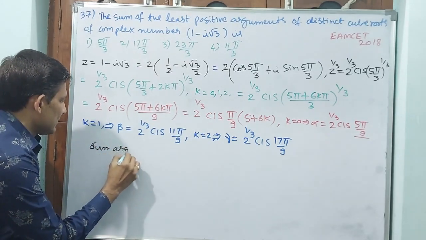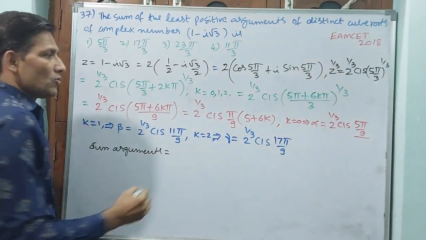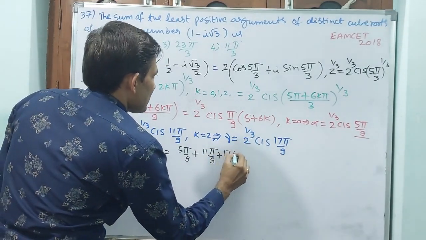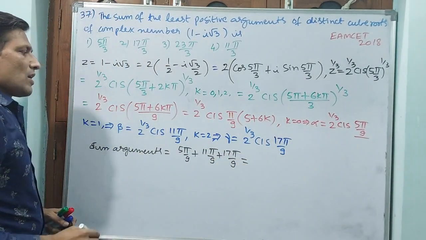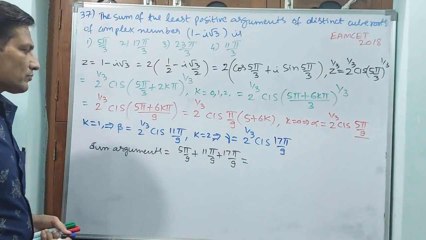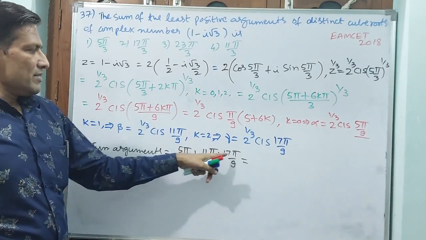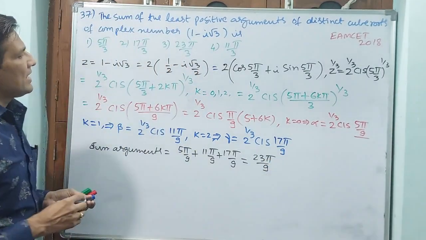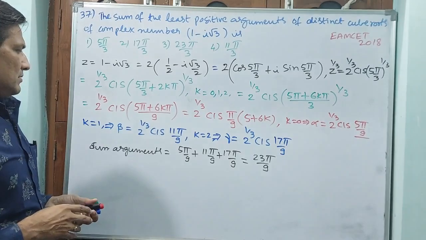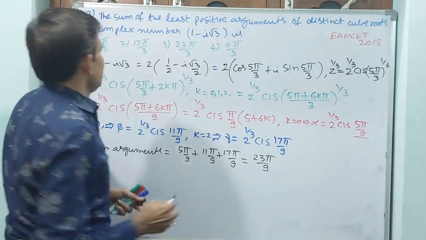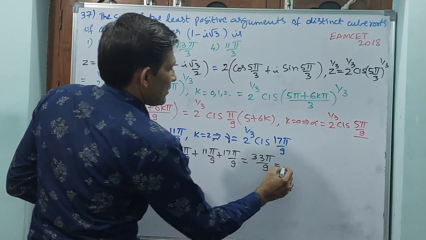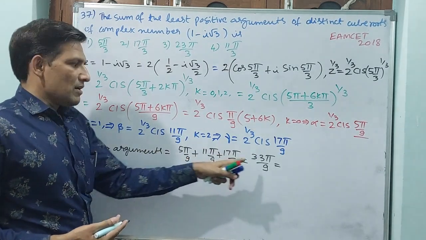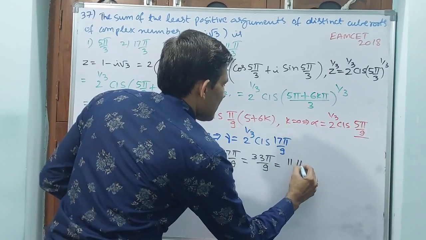Sum of arguments is equal to 5 pi by 9 plus 11 pi by 9 plus 17 pi by 9, that is equal to 16, 23 pi by 9. 28 plus 4, 33 pi by 9. 33 pi by 9, then we can say with 3 ones, 3 threes, 11 pi by 3.